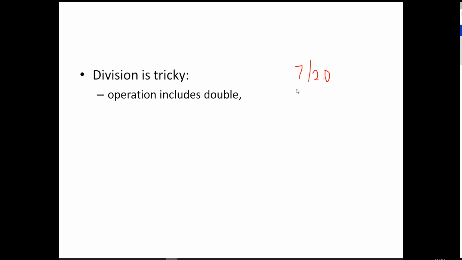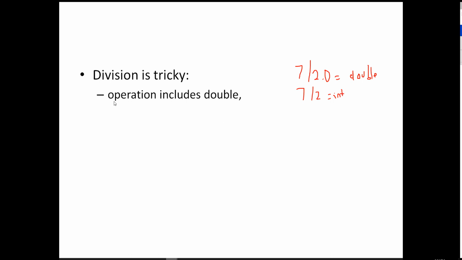That's a double, which is different than 7 divided by 2, as you're going to see, because we said when a double is involved, the result has to be a double. So there's going to be a decimal in this result. But an int divided by an int has to be an int.